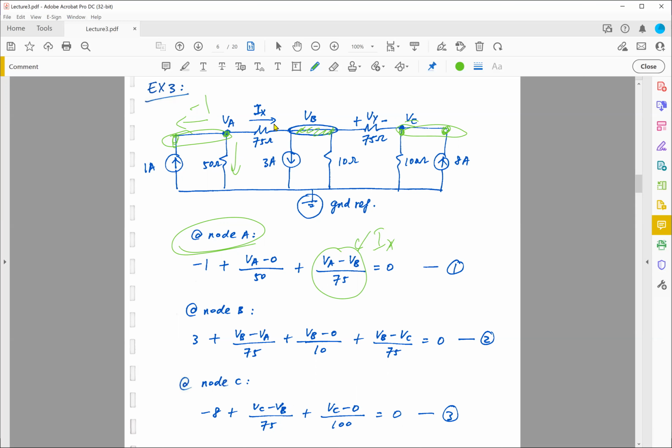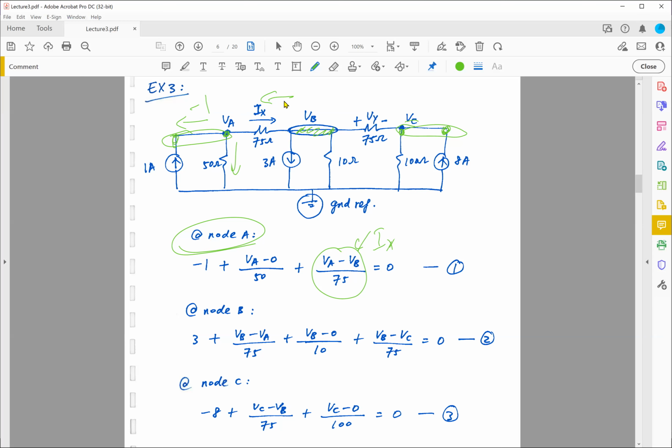At node B, remember, we need to have 4 terms. So VB is equal to 3M, which is this current flowing out of the node. This is imposed upon me, so the direction has been indicated by this current source. So this is 3 flowing downward, plus VB minus VA divided by 75, which is this current going this way, and this is in fact minus of Ix, because Ix and this current are flowing in the opposite direction.